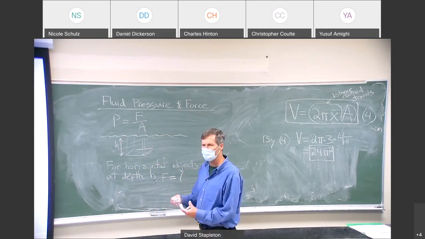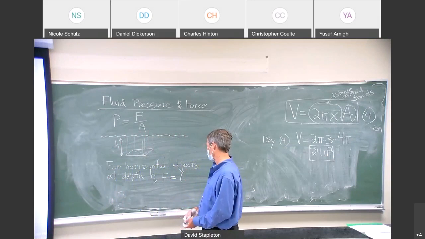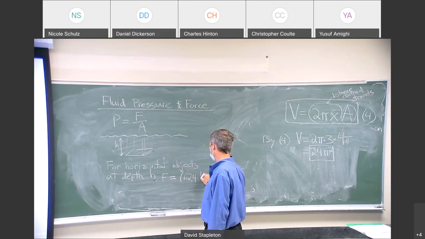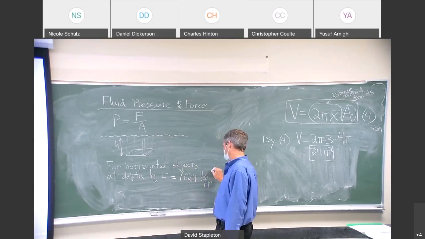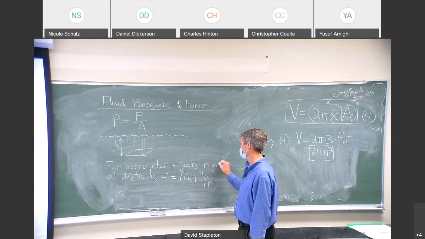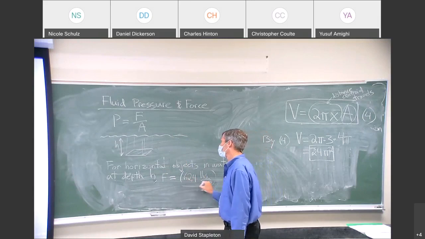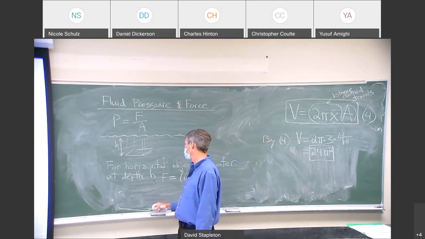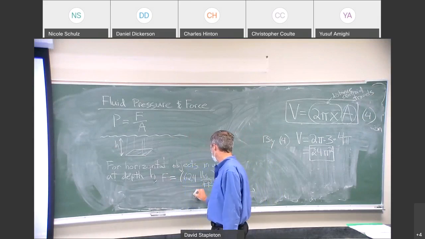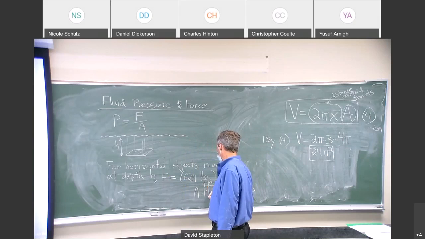Weight density gives you the force per cubic unit, as opposed to mass density, which gives you the mass per cubic unit. So we need to get force. And it turns out it's 62.4 pounds per cubic foot, the weight density of water. Let's say in water at depth h, and that's the force. And then you divide it by the area A, where A is in square feet.